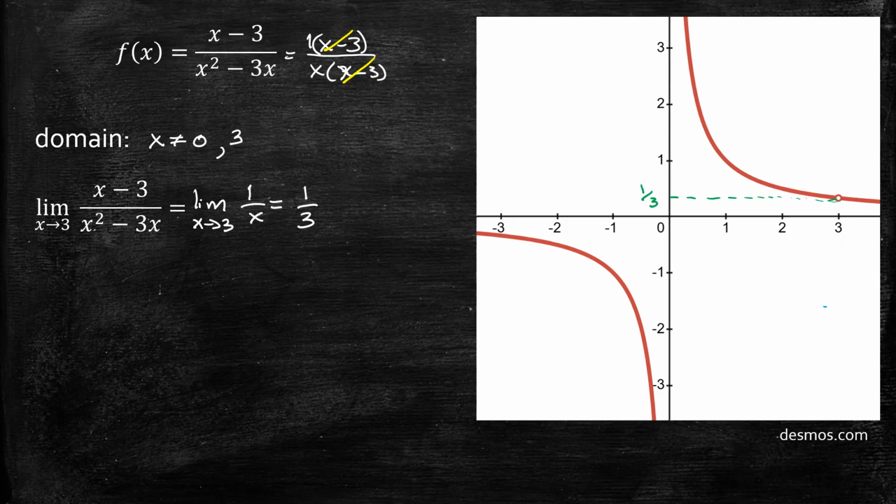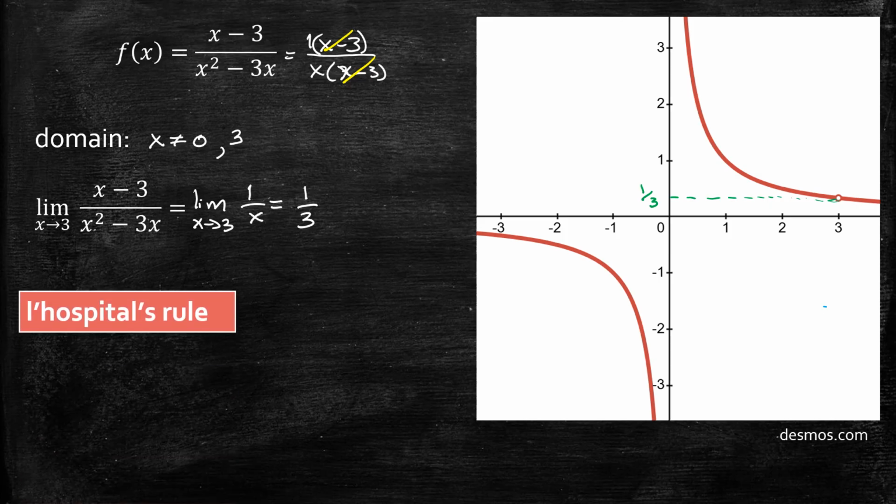So what I'm going to do next is actually show you L'Hopital's rule in action without explaining all the details and the preconditions, because it's really kind of neat to see. So this is what L'Hopital's rule allows us to do. Under certain conditions, which we'll see in the next slide, you take the derivative of the numerator and the derivative of the denominator of the function, so the derivative of the numerator is 1, and the denominator is 2x minus 3.